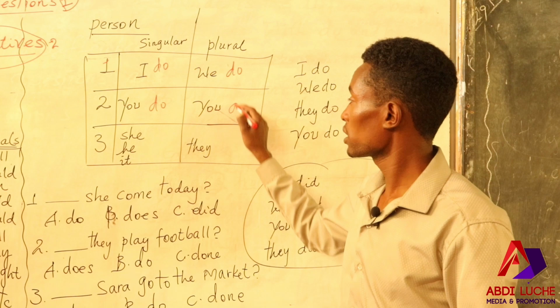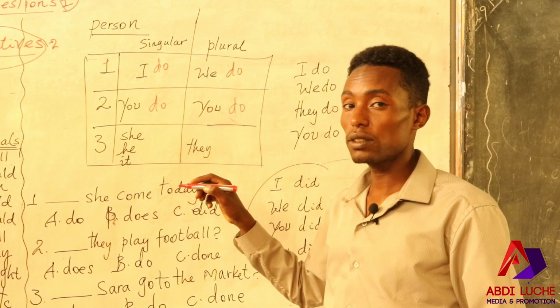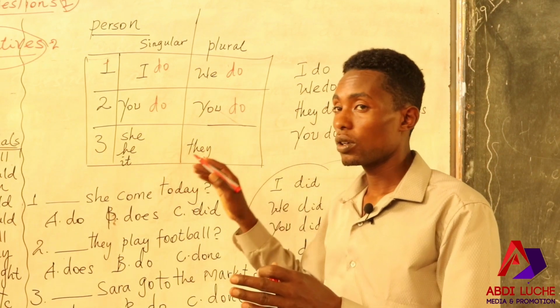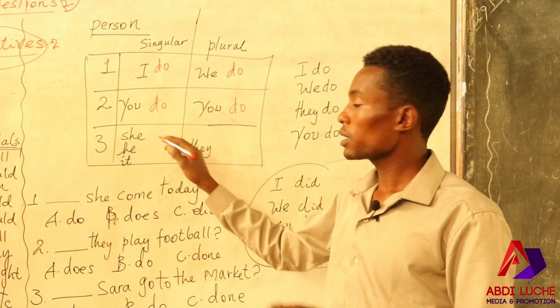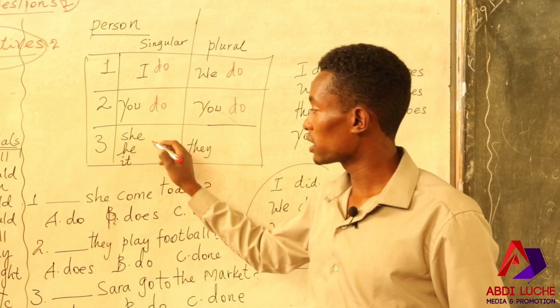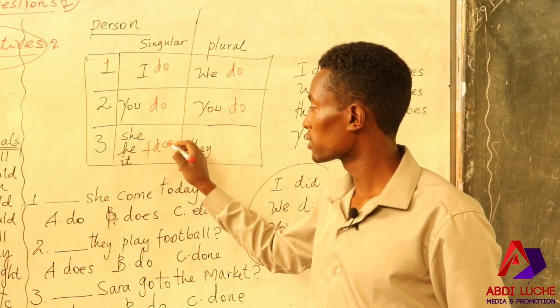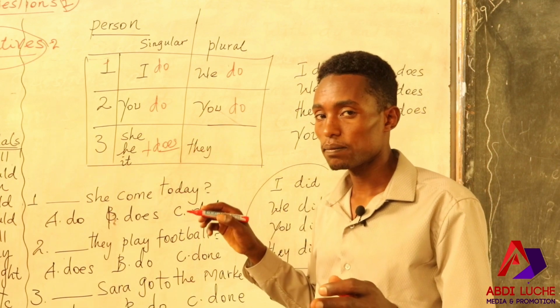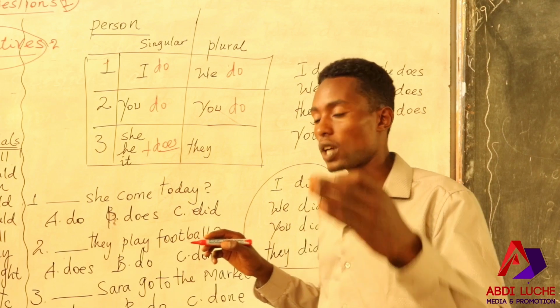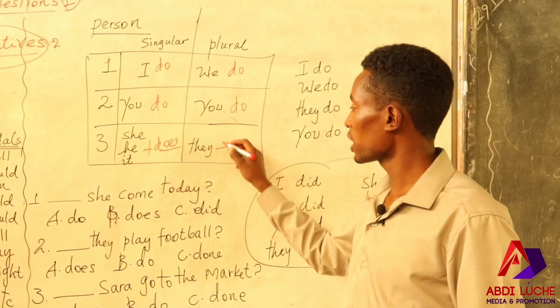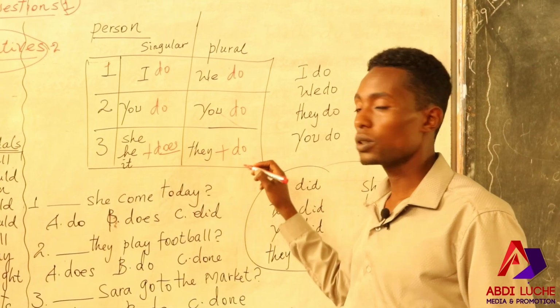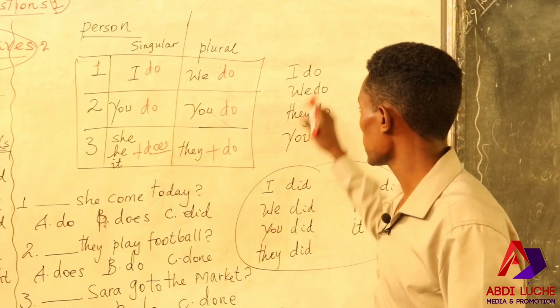Second person plural, the auxiliary verb do. You do, I do, we do. Third person singular is special, but it takes what? Does. She does. He does. It does. The third person plural, it takes what? Do. They do. Let's see.